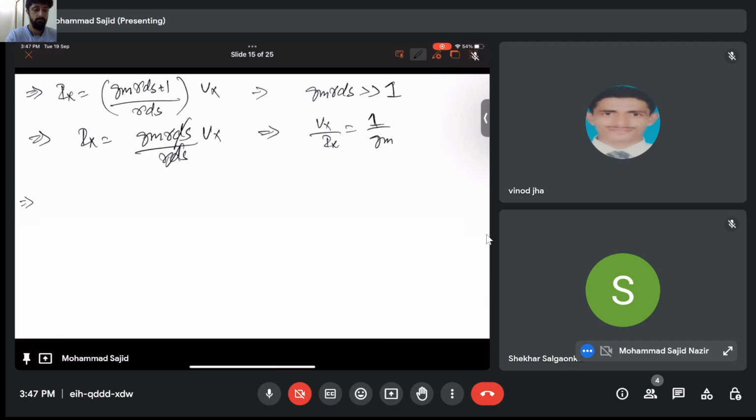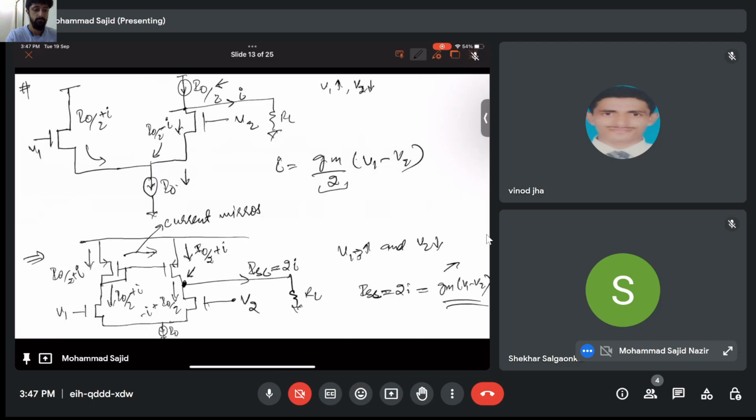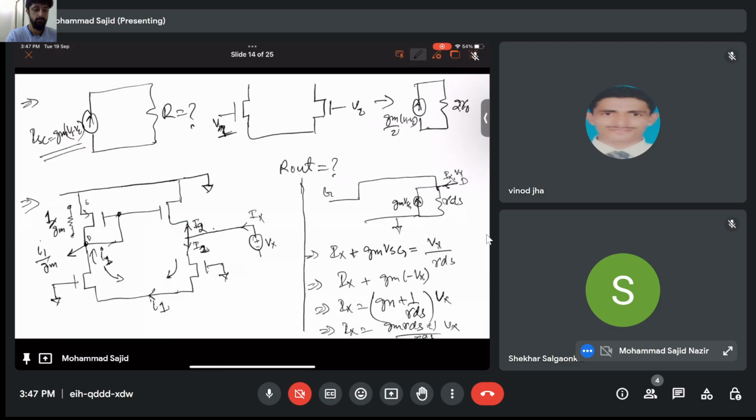Right? So now what is this connected to? This is connected to here. So this will be I1 by Gm. Let's call it M3. This is M1, this is M2, and this is M4. Let's call it Gm3. So this is I1 by Gm3.